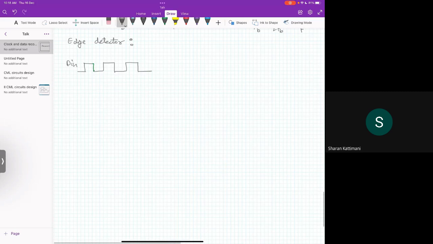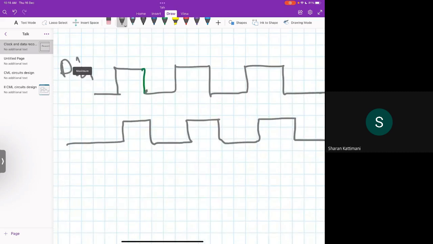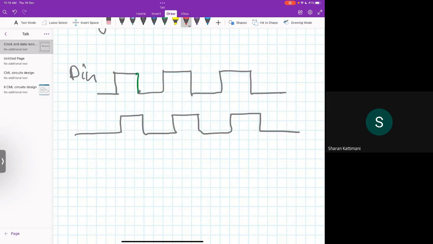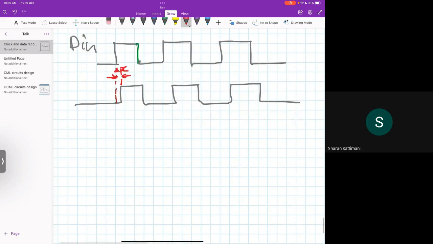So you apply another signal with a very minor delay. This delay should be very minute, delta x. If you apply this, then let's assume this is VA.